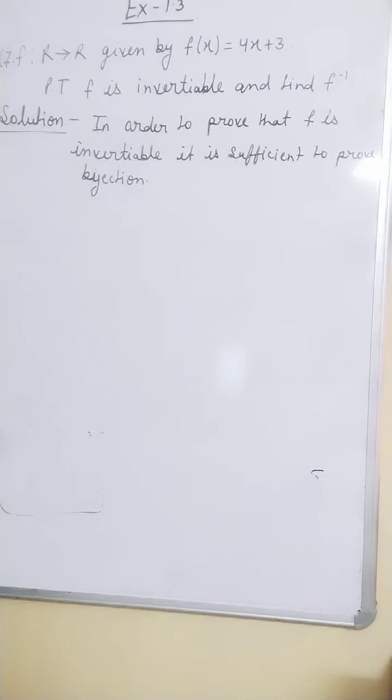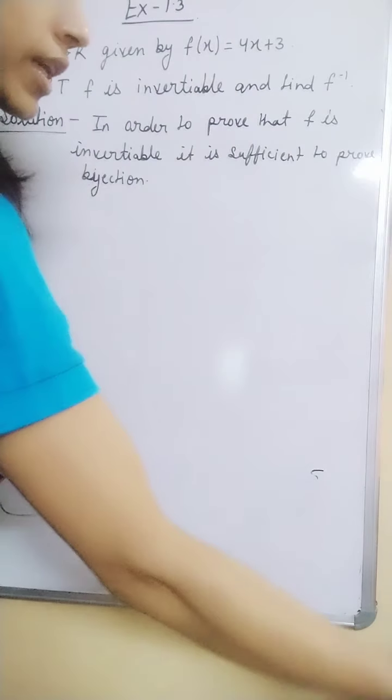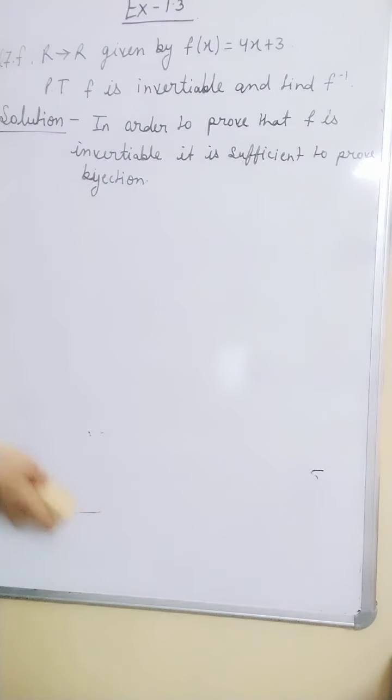So if we have to prove that this function is invertible or not, then we can prove that if this function is bijection, right? Means if this function is 1-1 and onto, then only it will be invertible, right? So we will prove that this function is 1-1 and onto, right?